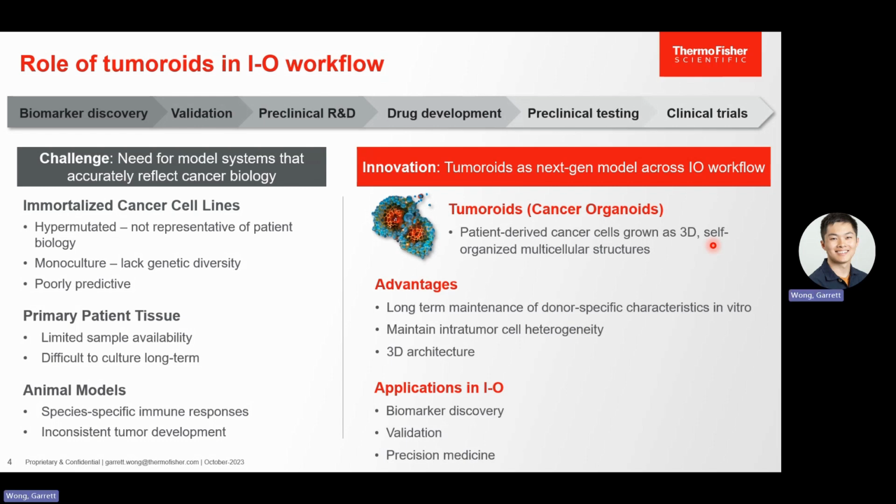Tumoroids or cancer organoids have become an appealing alternative to both immortalized cell lines and animal models due to their ability to capture donor-specific characteristics and also provide a better representation of the tumor microenvironment. These models can be used in a variety of different workflows, from biomarker discovery to validation, as well as precision medicine workflows.